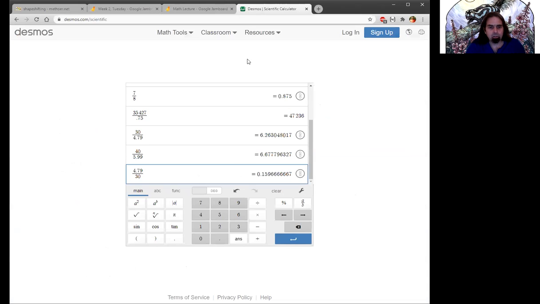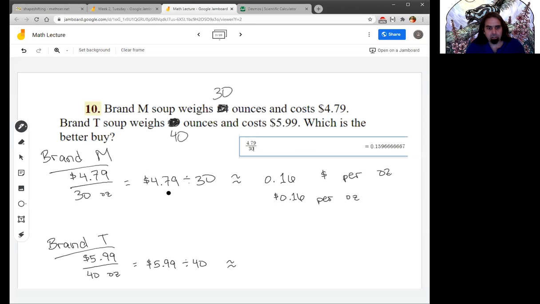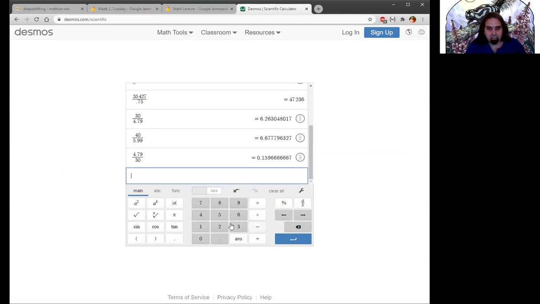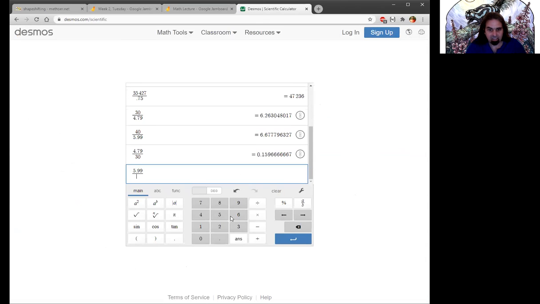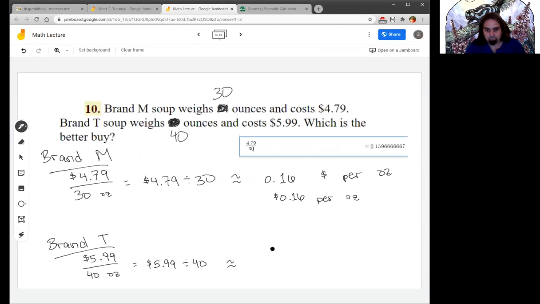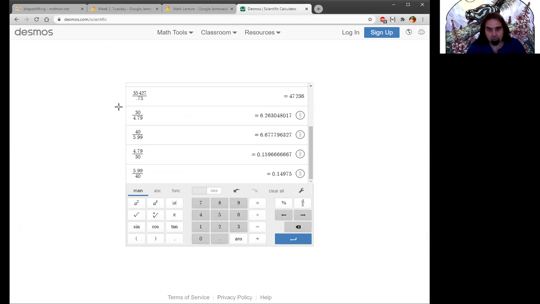And for here, it was 5.99 divided by 40. Why didn't that copy? Let's try it again.